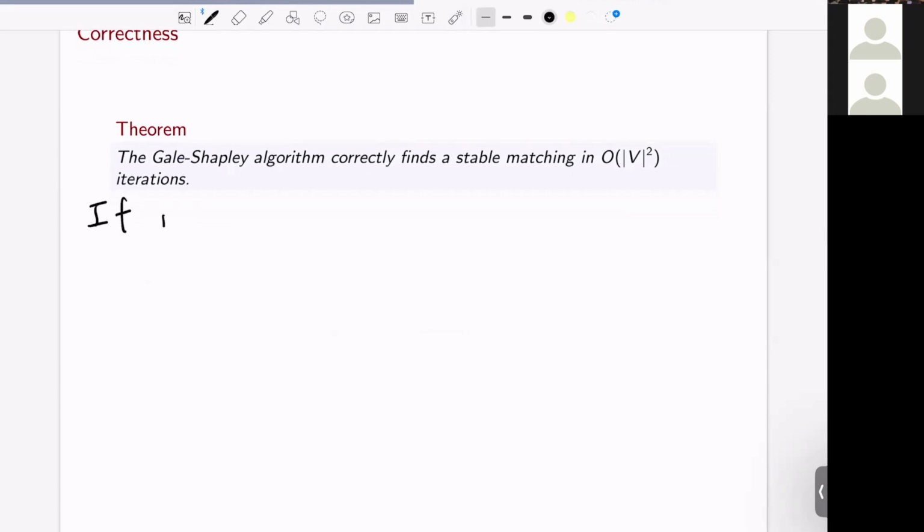If no doctor gets rejected, it means the algorithm is done.